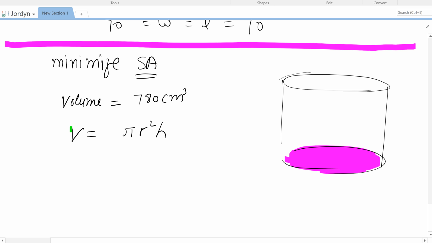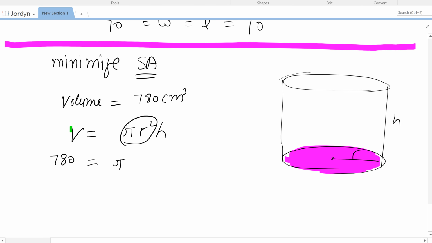So the area of the bottom, which is a circular disc, times by height. The same concept we use for all the shapes. So area times by height is volume. Now the volume is given, so you substitute volume in there.